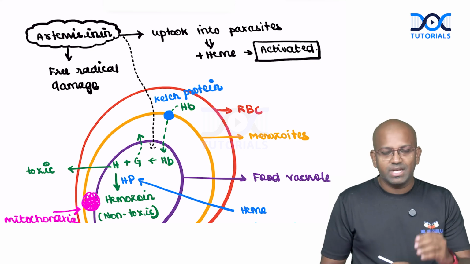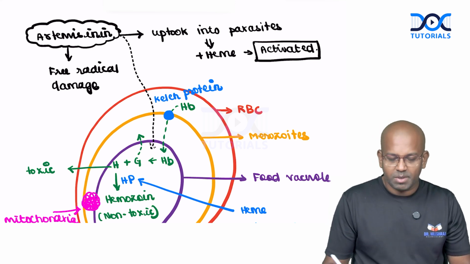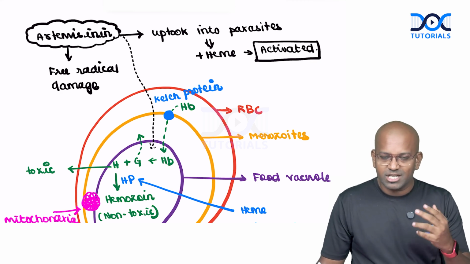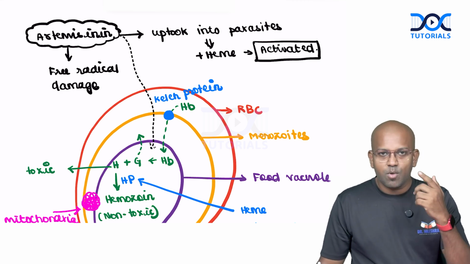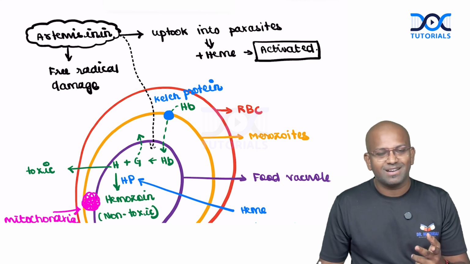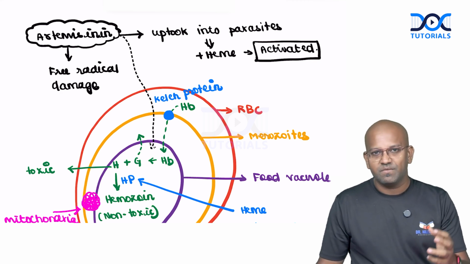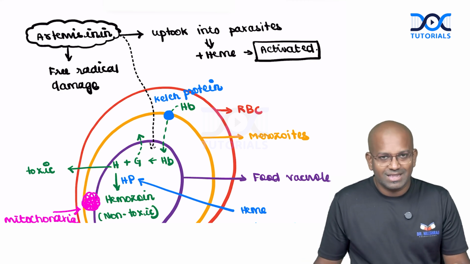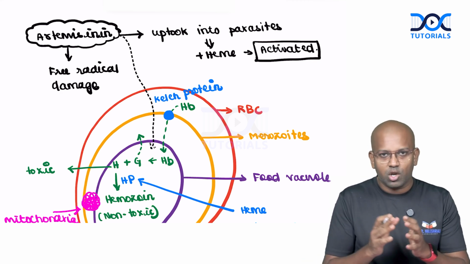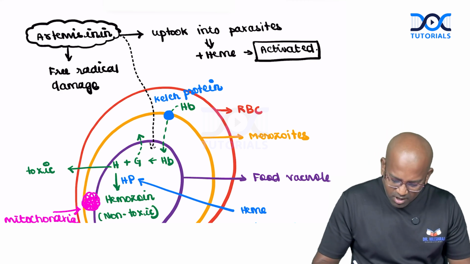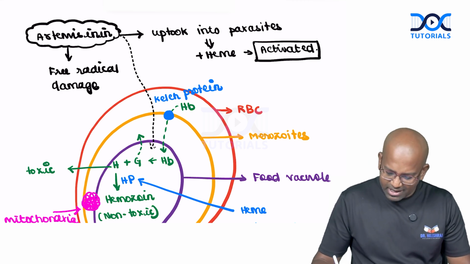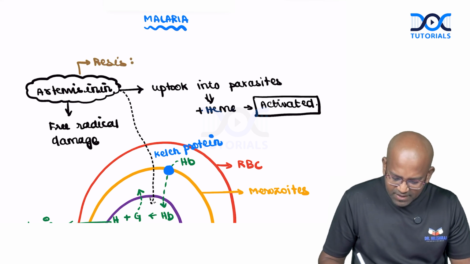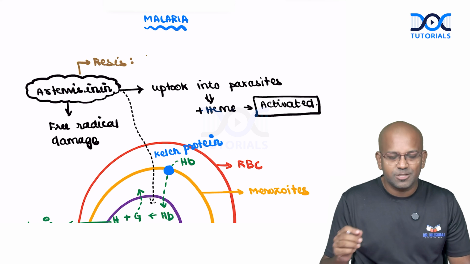So what exactly do you think the resistance to artemisinin derivatives is going to be, buddy? Artemisinin is gaining entry, and it gets activated when it binds with heme. What if the hemoglobin uptake itself is not happening? What if the parasite is surviving on other sources of energy, not dependent on hemoglobin? Then this artemisinin derivative will not function. So the mechanism of resistance development is a mutation in the Kelch protein.